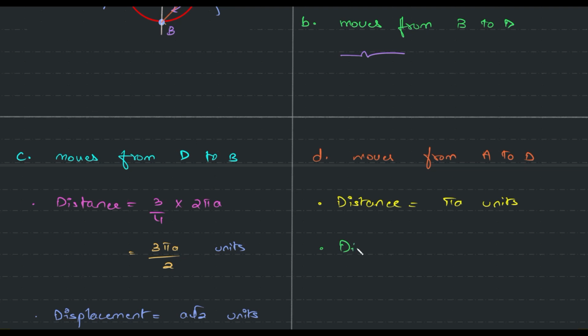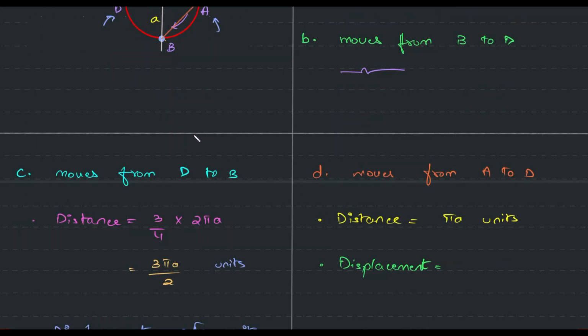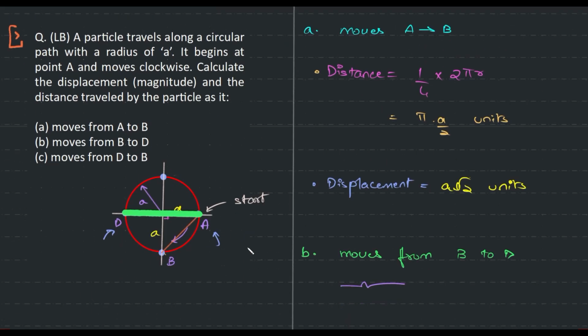While the displacement will be what? It's a straight line connecting the starting point to the ending point. So what is this straight line? This is a diameter. So this says how much? 2a. Yeah, so it's a simple question.